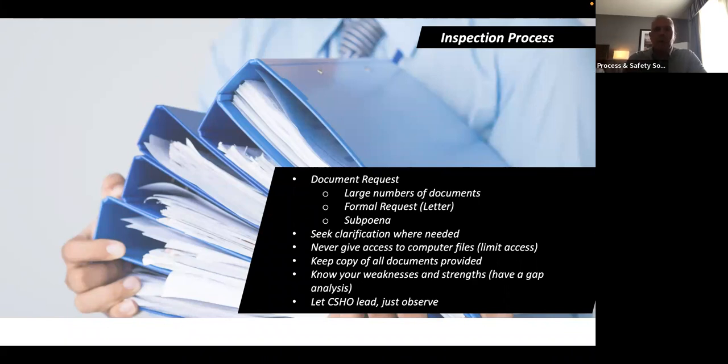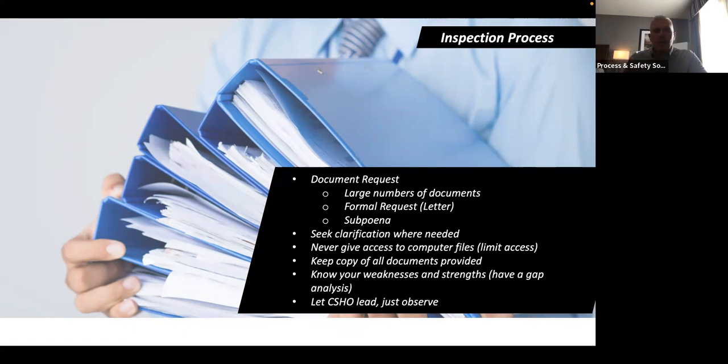I'll talk later on about how much citations are right now. They're almost $14,000 each. You can do a lot of analysis for $14,000 and then find out where those gaps are. If you can spend less than $14,000 to save $100,000, that's a good investment. That's understanding where your weaknesses are, understanding where your strengths are.